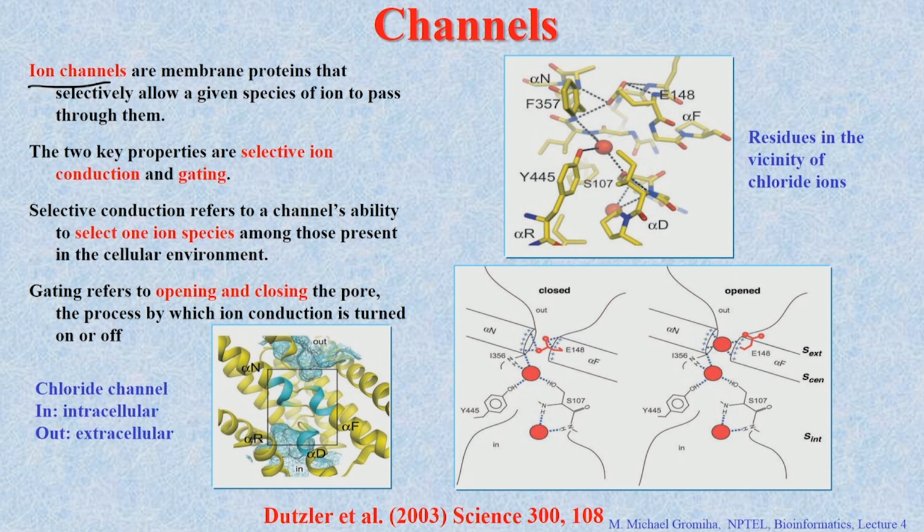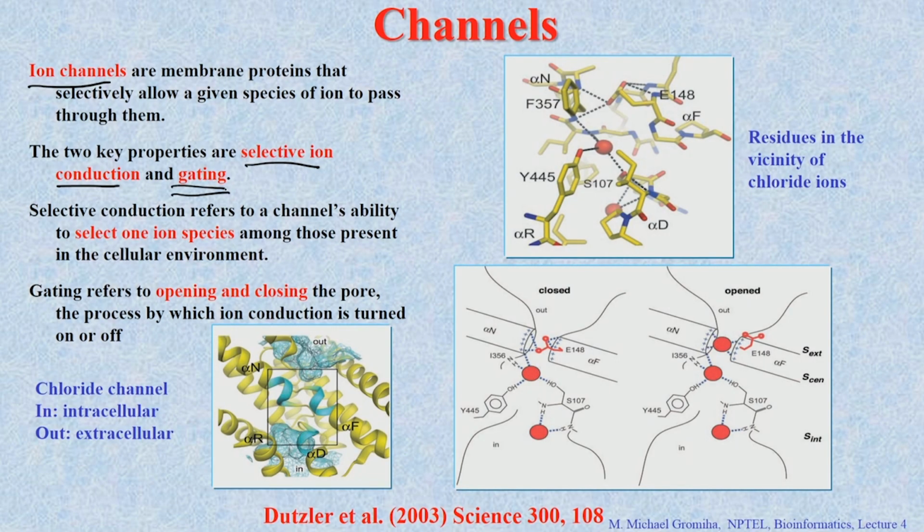There are two properties for this transport. One is the selective ion conduction and the second one is gating. Selective means it will select only some ions, for example, potassium but not chlorine, so it allows only some ions.